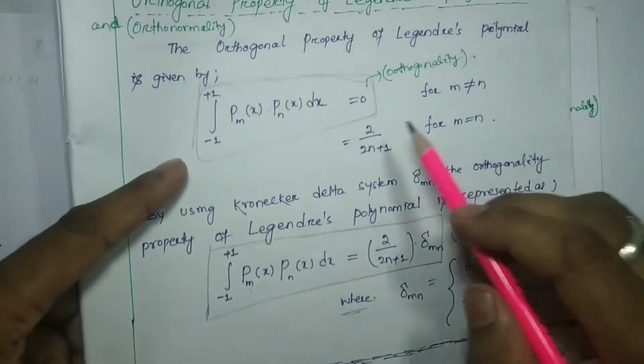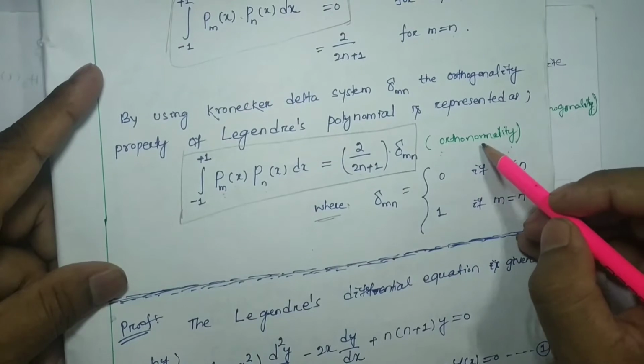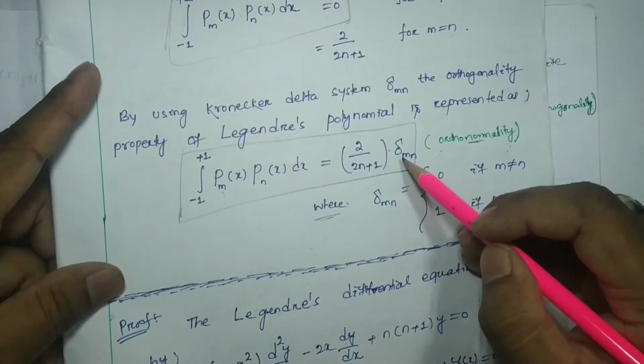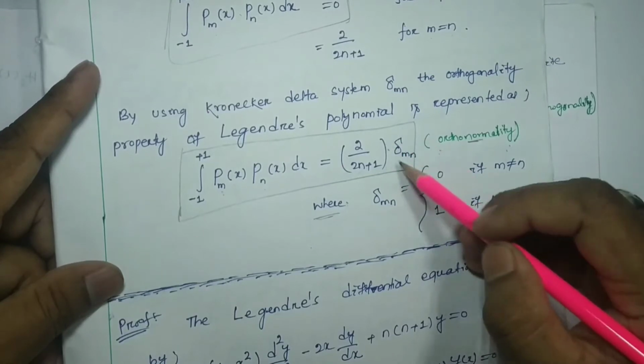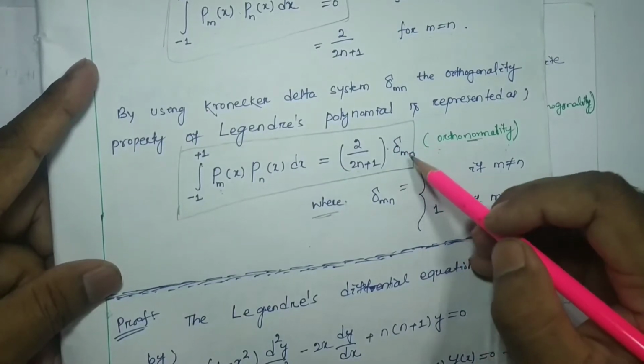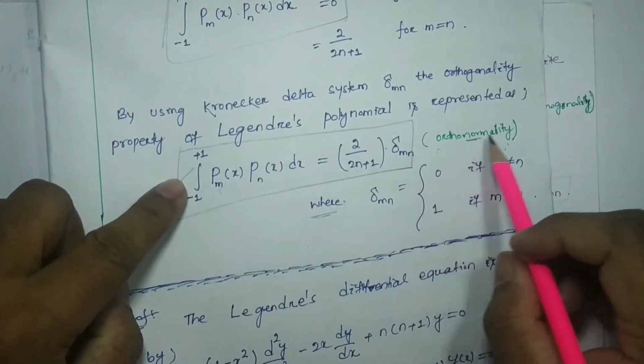Orthogonality means it has to be 0, m not equal to n. Orthonormal, normal, means the Kronecker delta will come into the picture, or the Kronecker delta should be written in that equation, that is delta mn. So this is the general form, which is called the orthonormality.